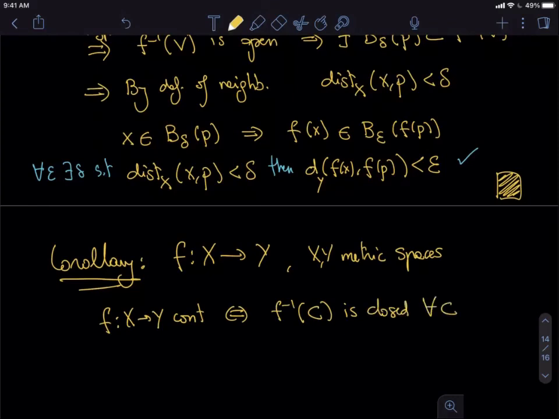So the inverse image of C is closed for every C closed in Y. Of course, the inverse image is closed in X.